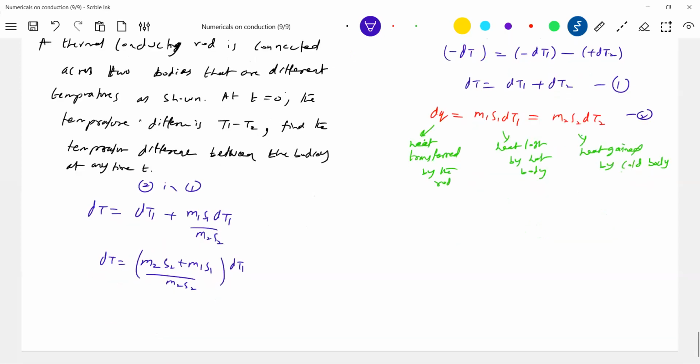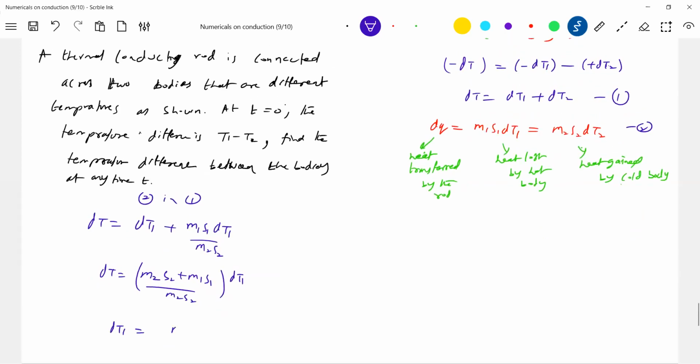So what is the expression for dT1? dT1 is equal to m2 s2 dT by, if you want, you can replace that with heat capacity also, because mass into specific heat will become heat capacity. Okay, this is what dT I'll get.